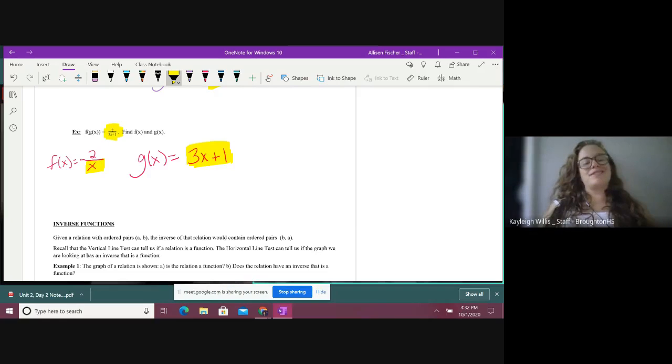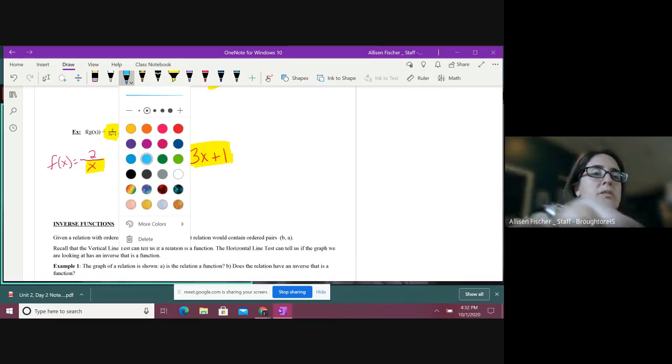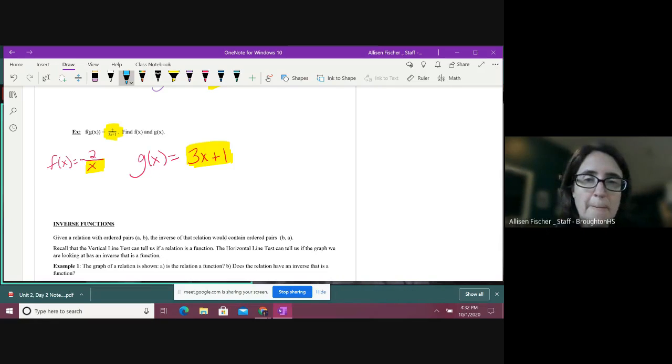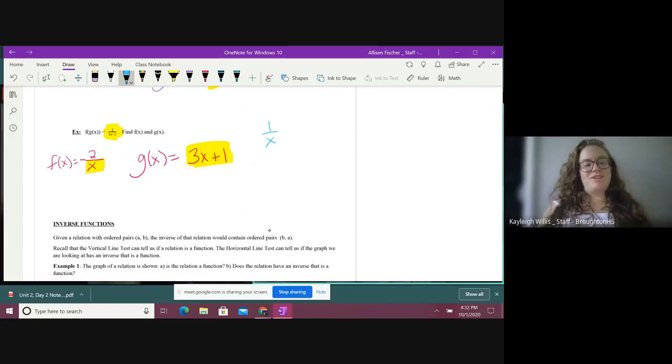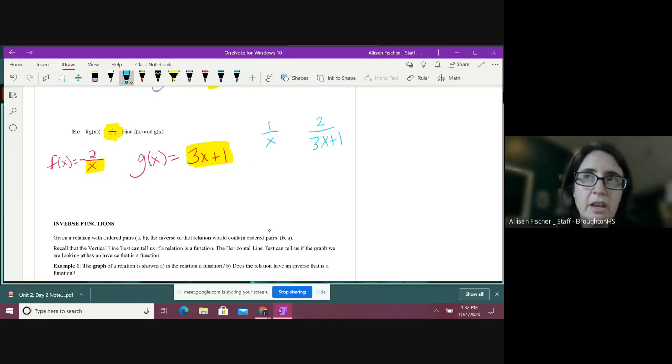Why couldn't I have just put it as 1 over x, and then made the other one 2 over 3x plus 1? So your question was, why couldn't you have put the parent function as 1 over x and then put the other one as 2 over 3x plus 1? That would have been a problem because I did say parent function.